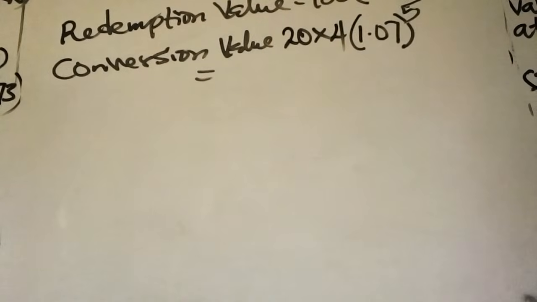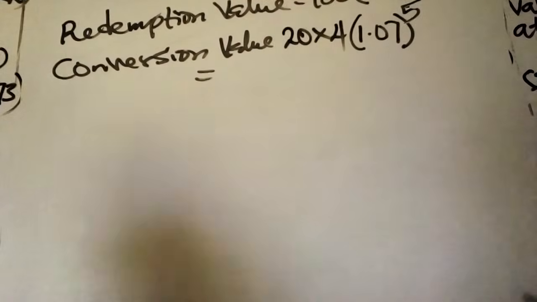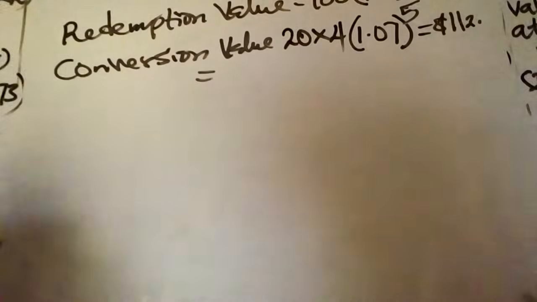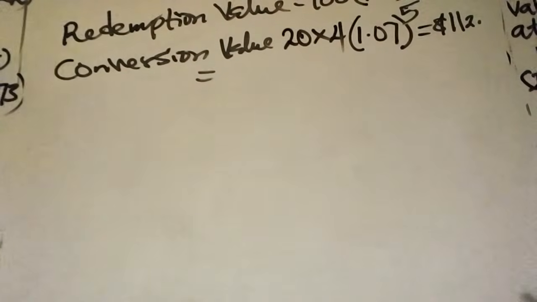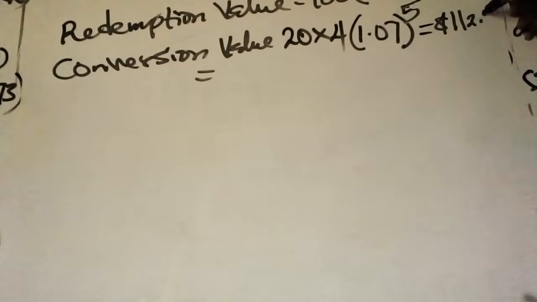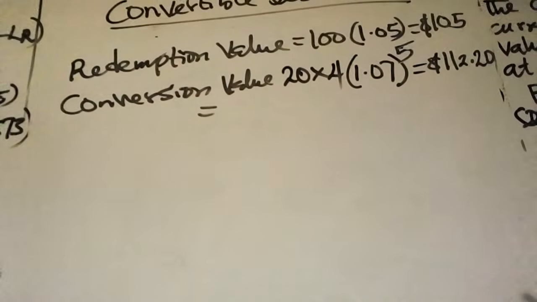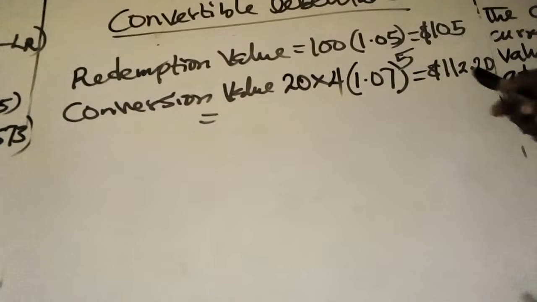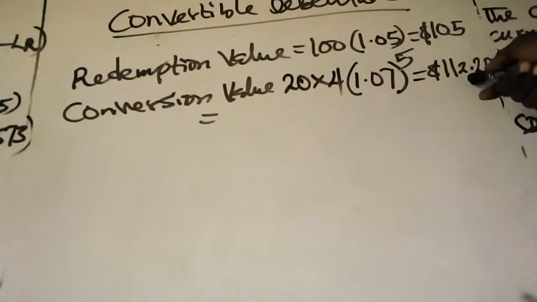Then you have 112.2, so $112.20. That is the conversion value. If they convert the loan to shares, the value will be 112.20 at the end of 5 years.